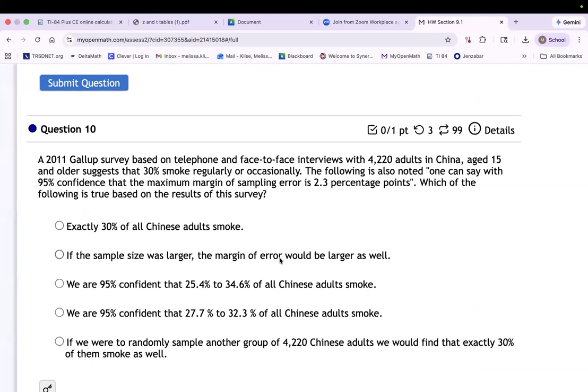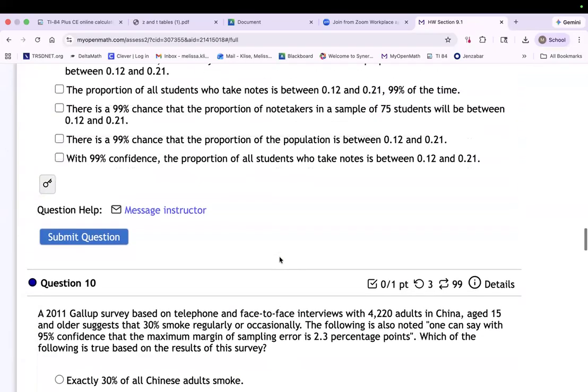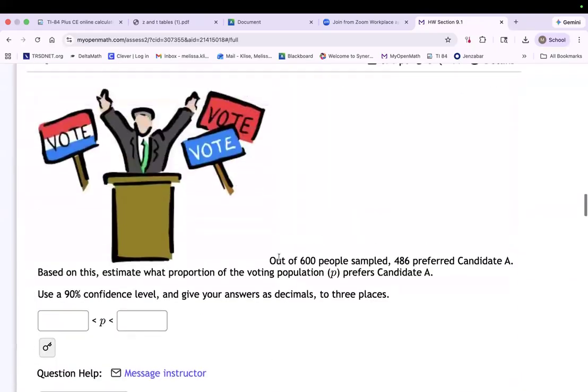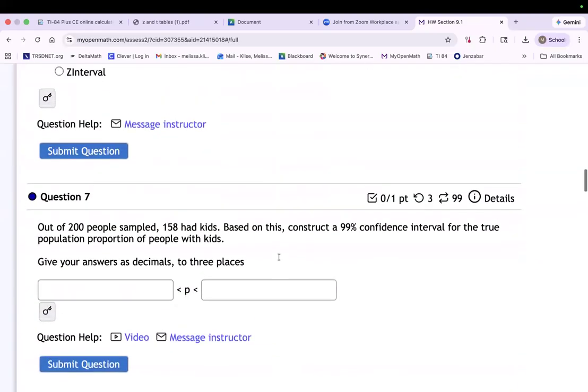See, it's 4220 times 0.3, enter. Sometimes none of these are bad numbers. Sometimes they'll give one that's a percent.